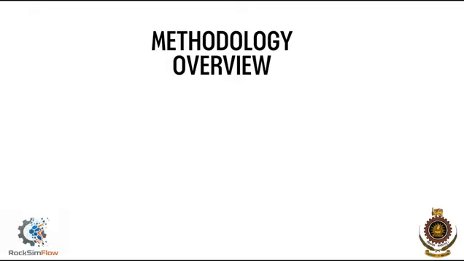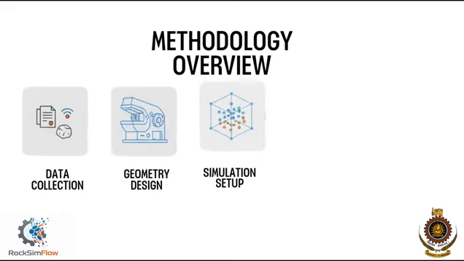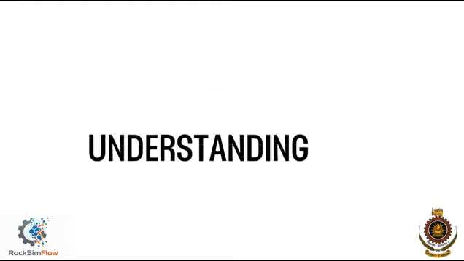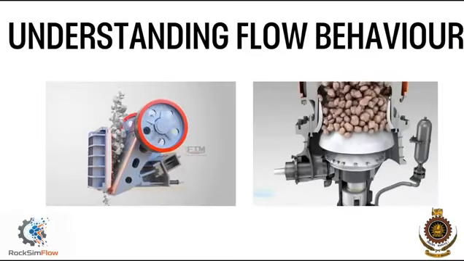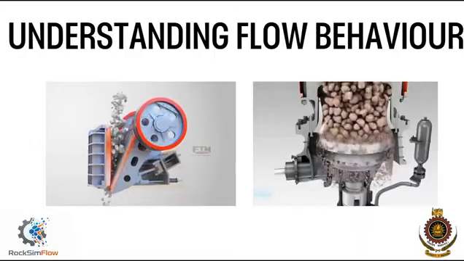Methodology overview. Our workflow began with data collection, then we did geometry design and initialization, simulation setup, parameter definition, and finally the process began with identifying the core problem, understanding the flow behavior of rocks within a crusher system.